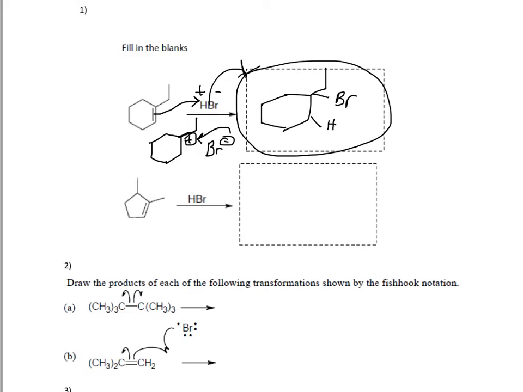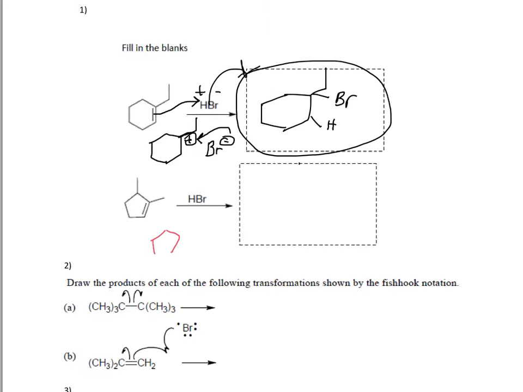If you follow the same rule, hopefully you can see that the second one is going to give you a tertiary carbocation. And like I have said in the past, always ask yourself whether that is the most stable carbocation or not. Let me just draw the carbocation outside.